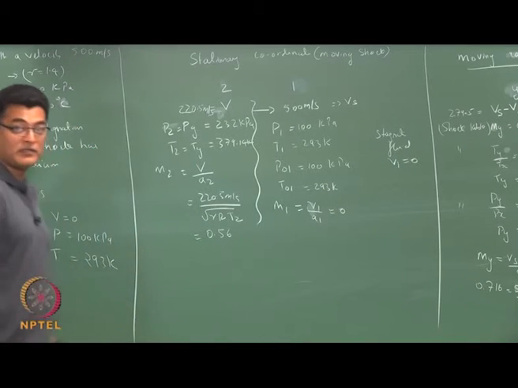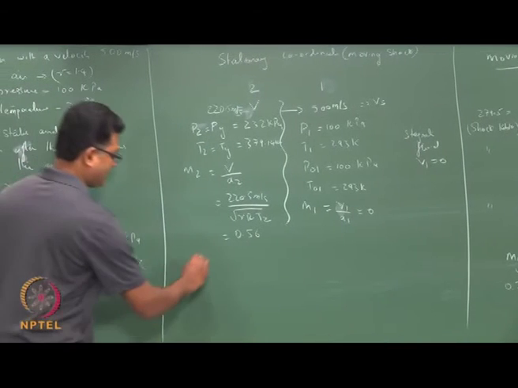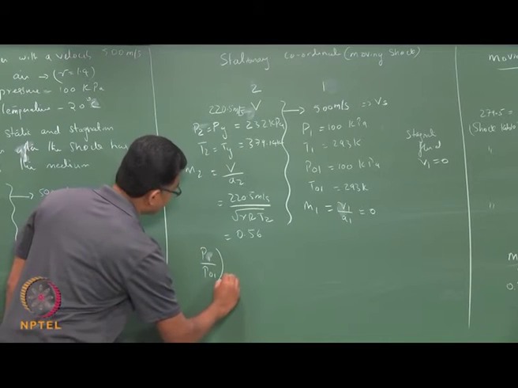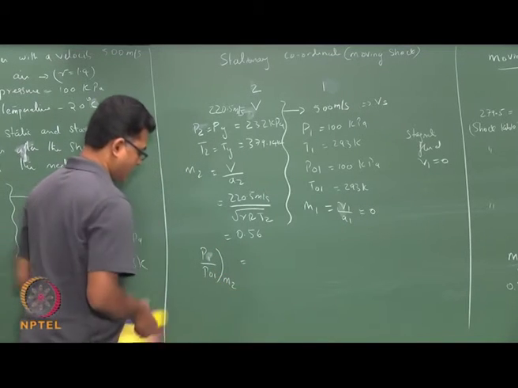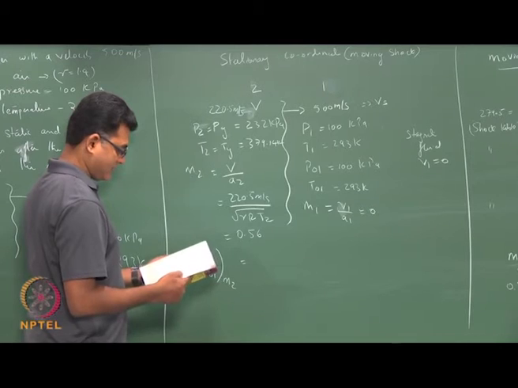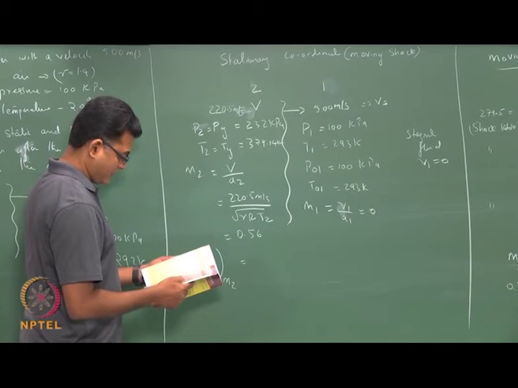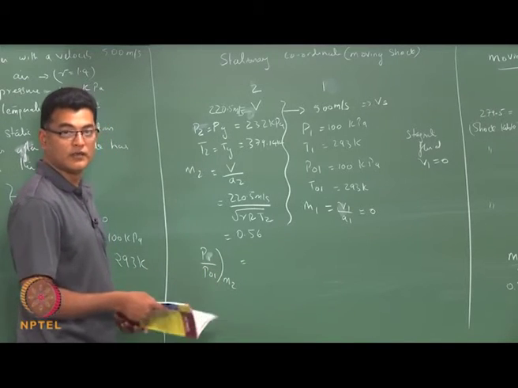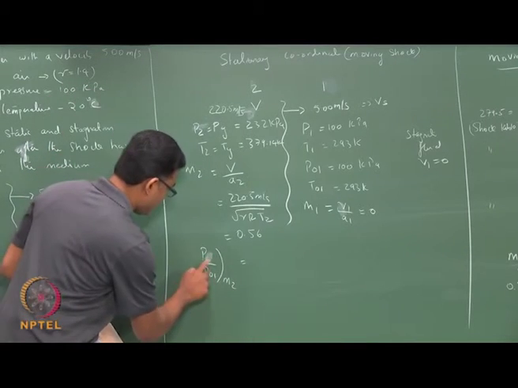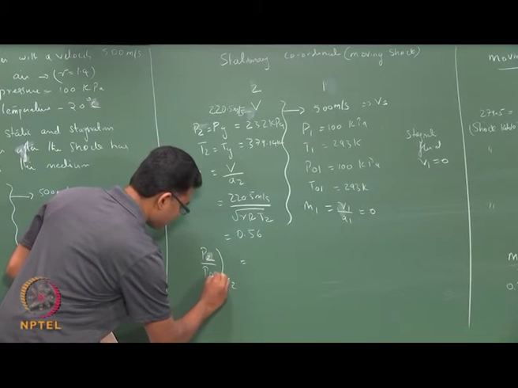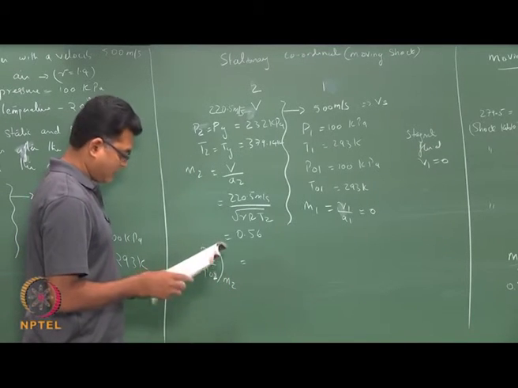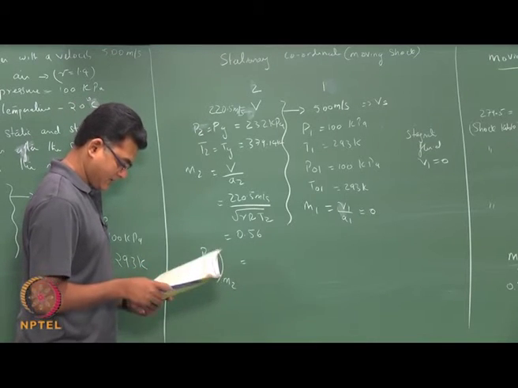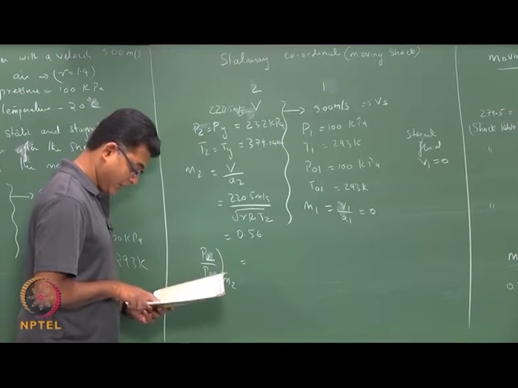So if I know my Mach number, I can find all these stagnation quantities, P2 by P02 for M2. I look at the isentropic tables, P2 by P02 for 0.56 was 0.808.